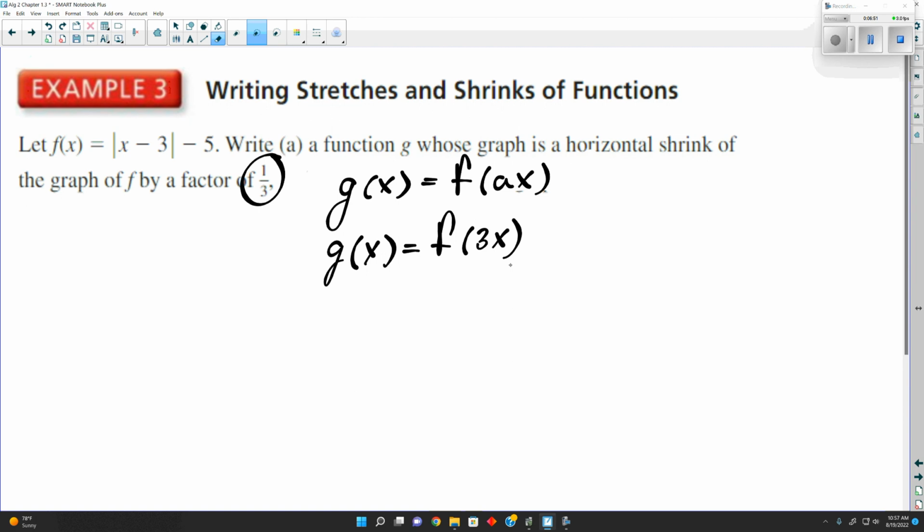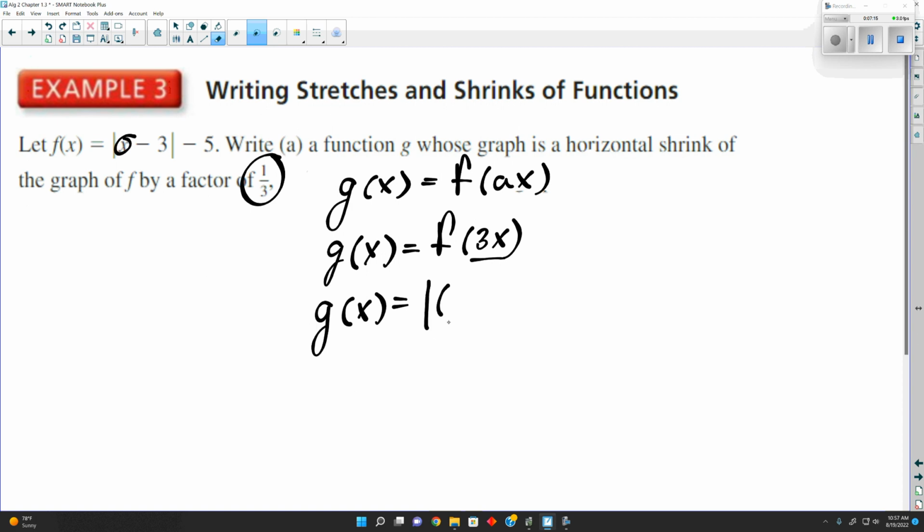Any questions over this so far? Now, this time we don't have f of x, we have f of 3x. So the x in the function is going to be replaced with 3x.